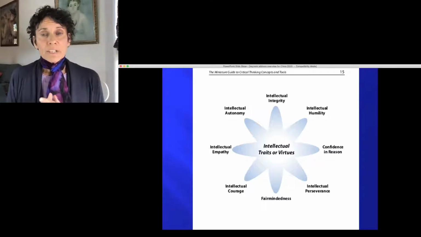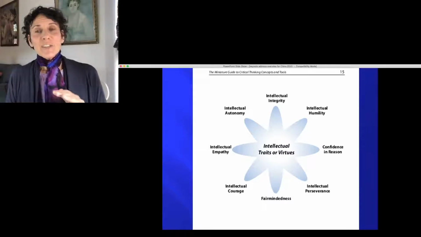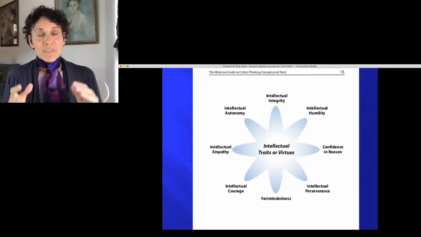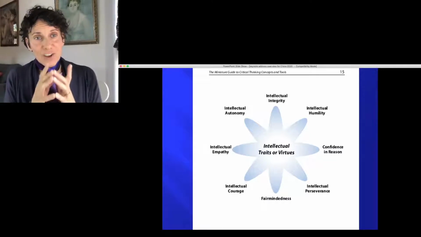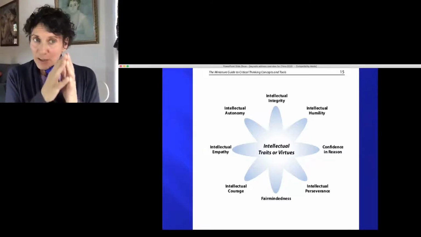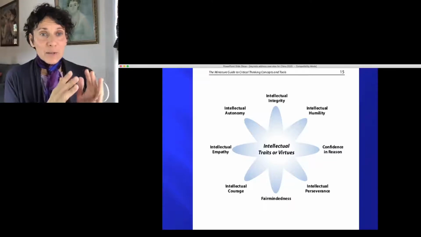We want them to have intellectual autonomy, to be able to stand on their own two feet in terms of their thinking. In other words, we want them to be able to stand alone with their beliefs as long as they are thinking critically about the things that they're standing alone about.